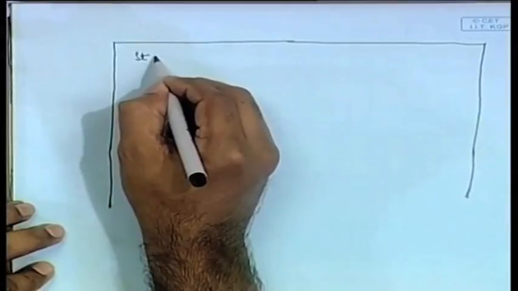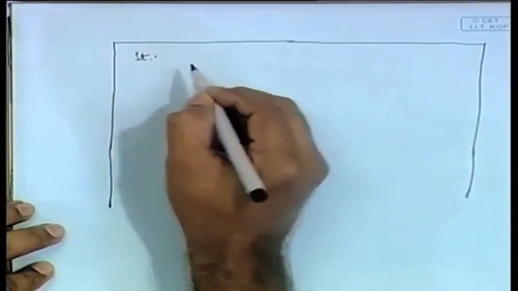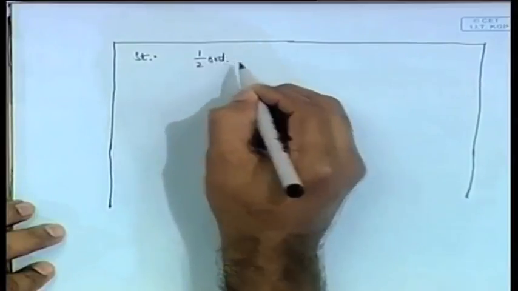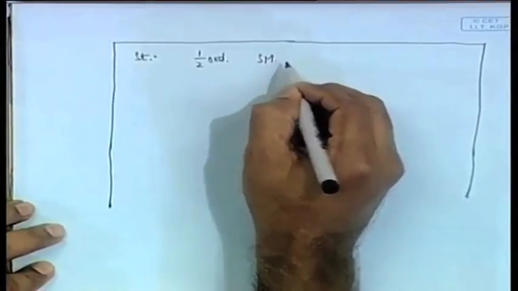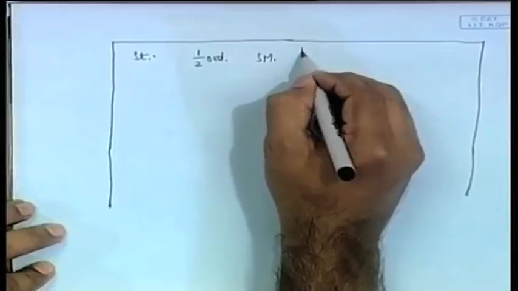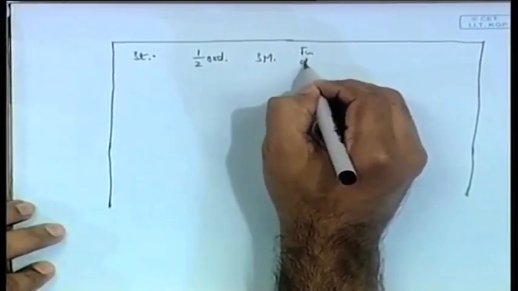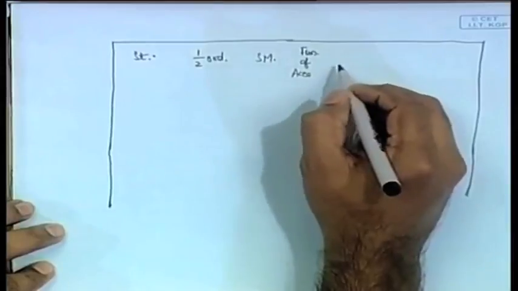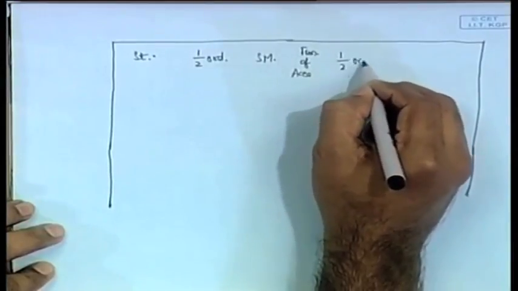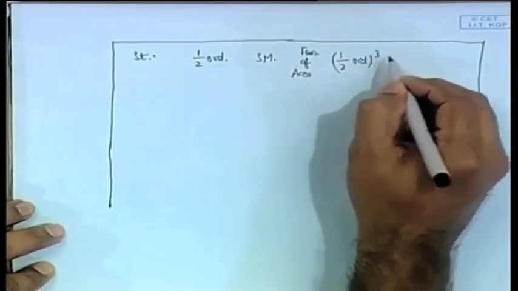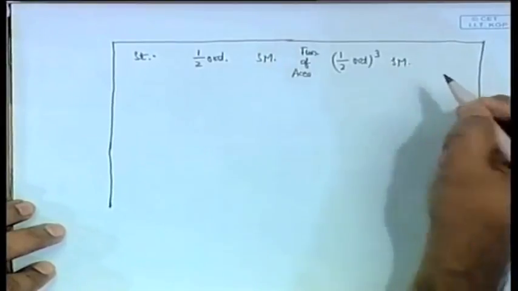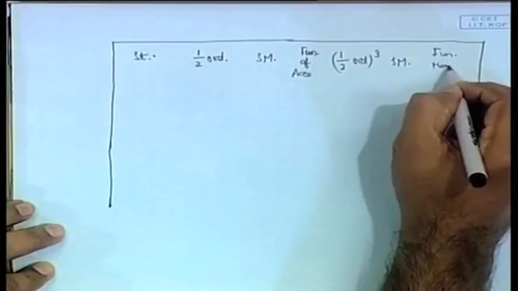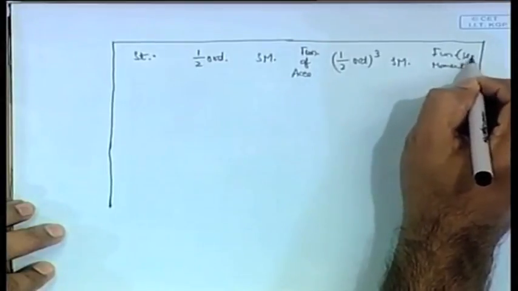So, this is the way in which we can make the table. This is a function of area. This becomes a half ordinate cubed. Simpson's multiplier is not needed again, but it is a function of the moment, the second moment.